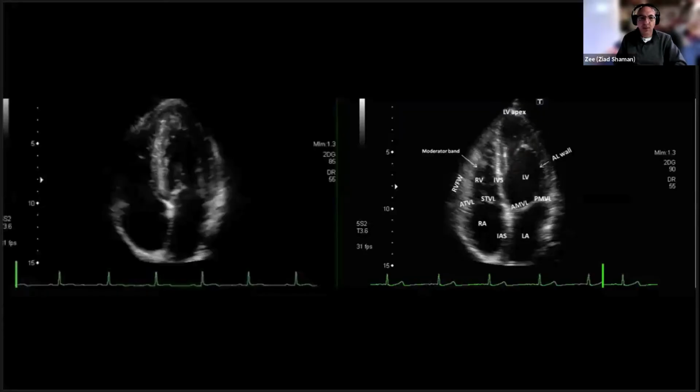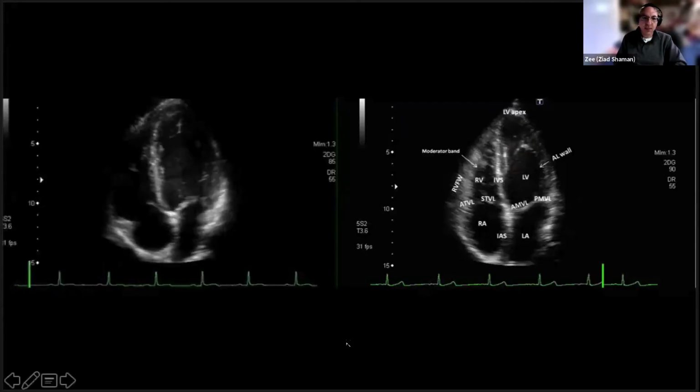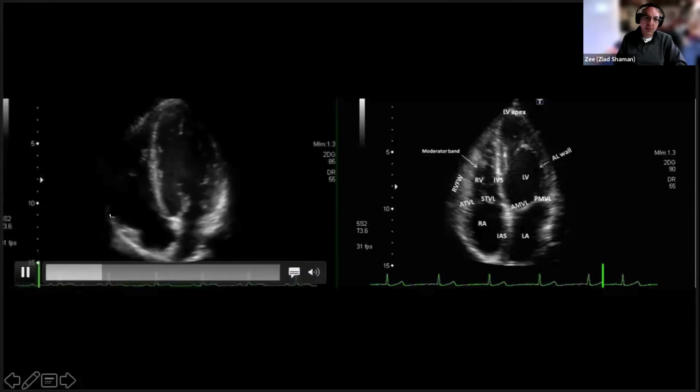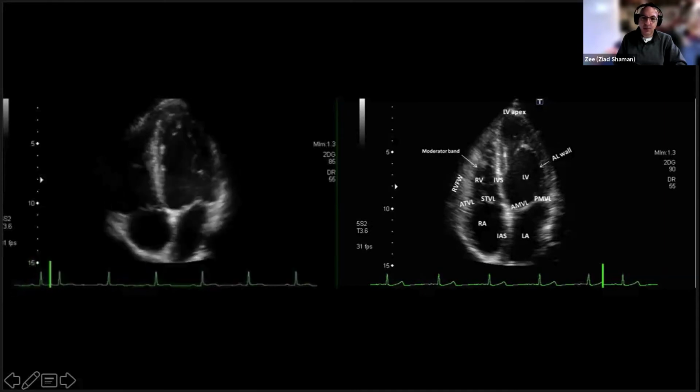Okay, so it's going to look like this. This is the apical 4 view, and this is the tricuspid valve. You're going to put color in the tricuspid valve and continuous wave Doppler to see what the regurgitant jet is going to look like.